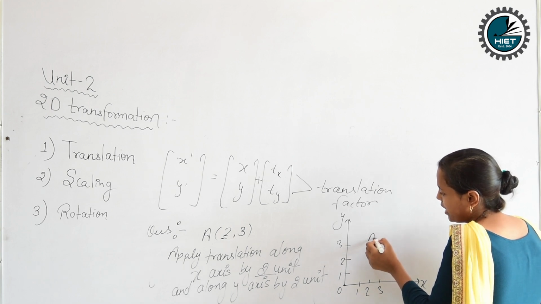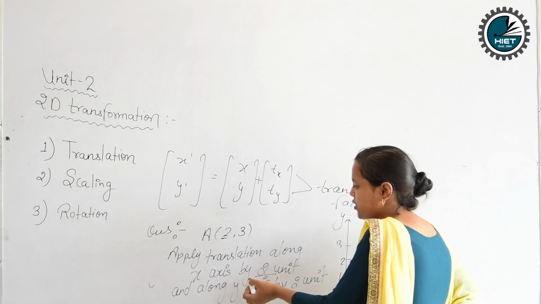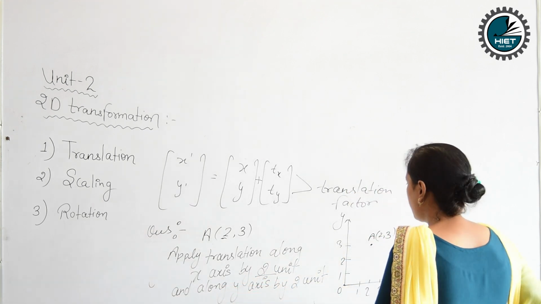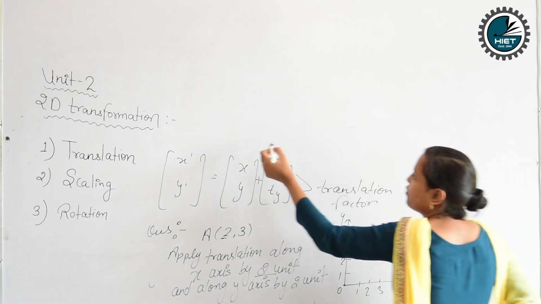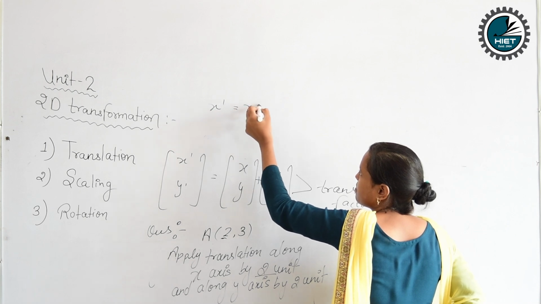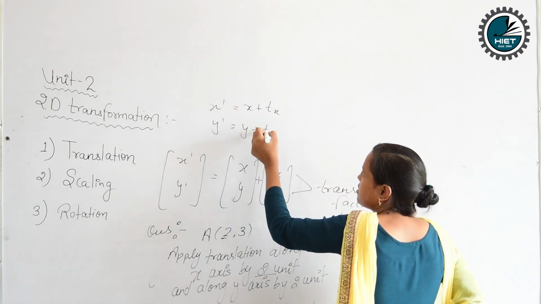That's point A, 2, 3. We are applying the translation along the x-axis by 2 units and the y-axis by 2 units. So with the help of this matrix, or we can also use the equations x dash equals x plus Tx and y dash equals y plus Ty.